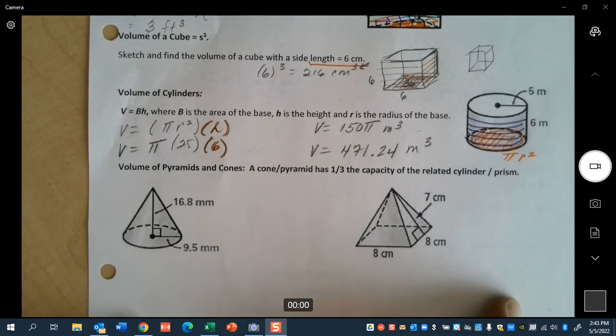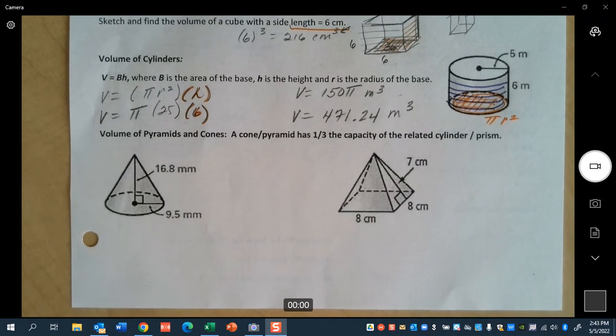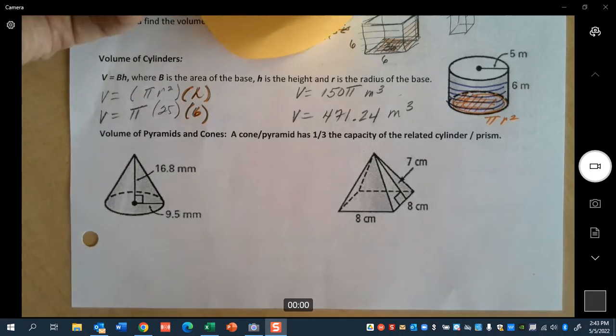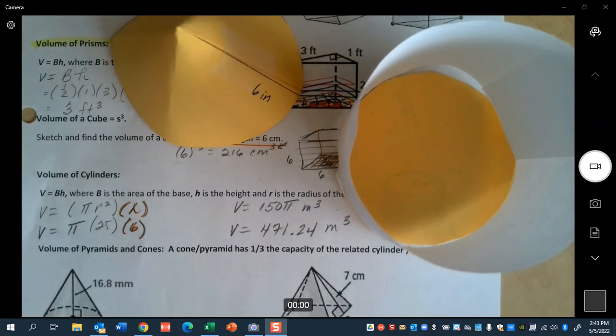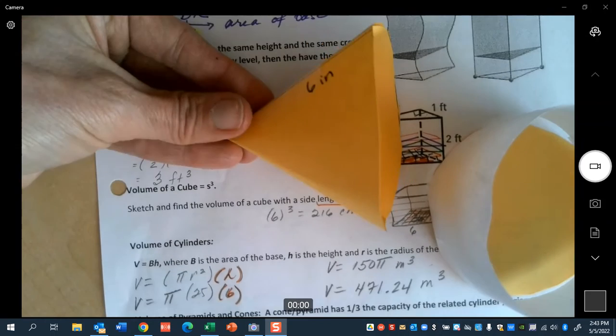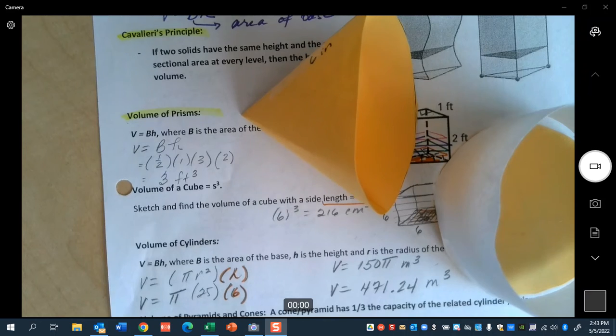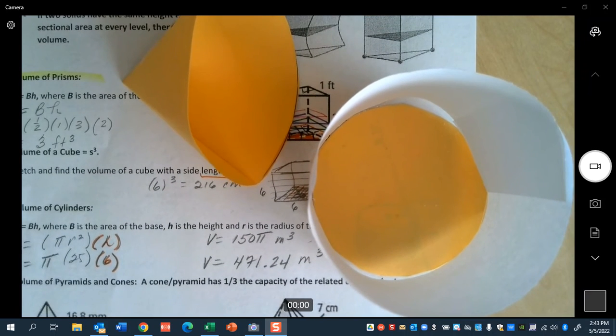As we talked about with your cones and your cylinders, the relationship between your cone and your cylinder was 1 to 3. This cone is a third of the capacity of that cylinder.